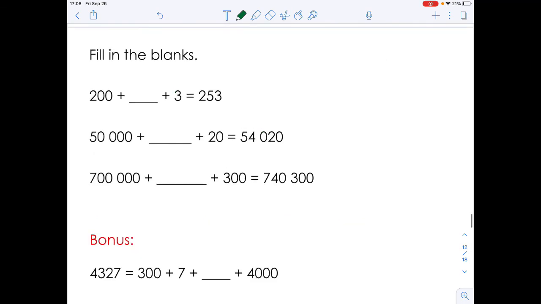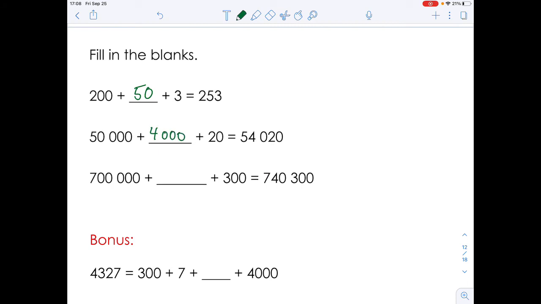All right, let's do some fill in the blanks here. 200 plus blank plus 3 equals 253. So the 5 is missing, but we can't just write 5 because the value of that 5 isn't just 5, it's actually 5 tens, which is 50. Here we are missing the 4, and the 4 is worth 4,000.